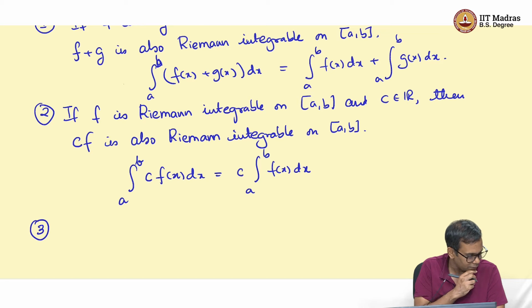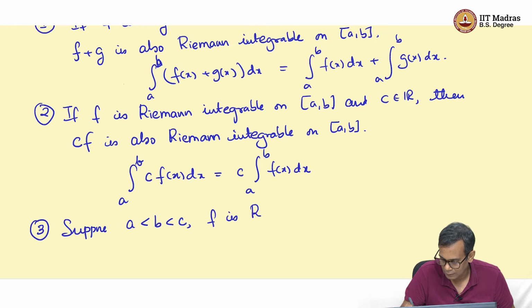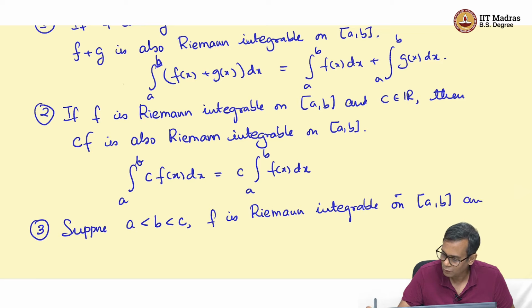The third property, which is something of a slightly different nature, is about combining intervals. So, suppose we have three numbers now, a less than b less than c, and f is Riemann integrable on both the intervals a b and b c.